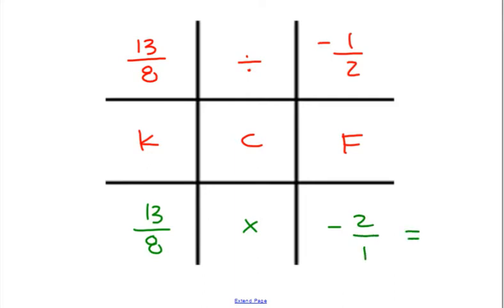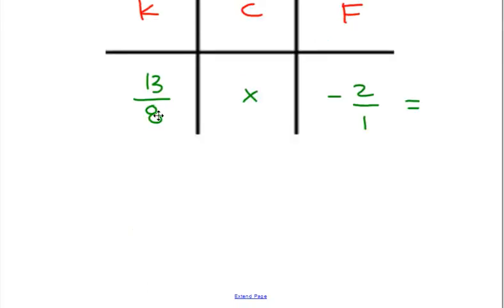Okay? Now, I'm going to show you two different ways to solve this. The first way is the way I just showed you a second ago. So I have 13 times negative 2. Actually, let me do it this way. You have a positive fraction times a negative fraction, so your answer is going to be negative. So just do it that way.